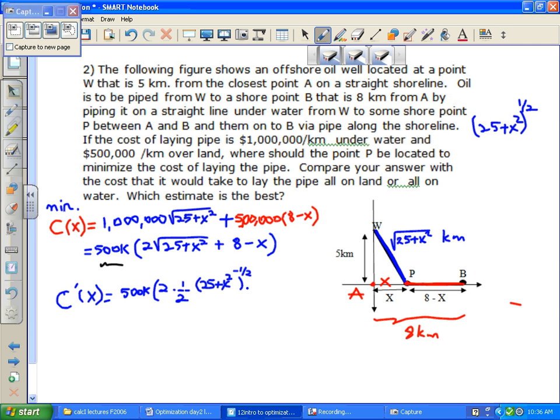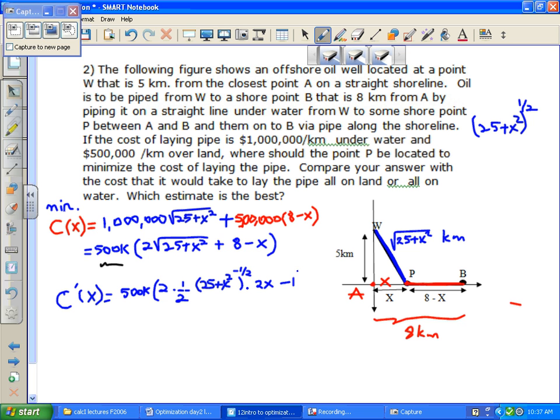We should multiply everything by what? The derivative of the inside, which is 2x. That takes care of this term, derivative of this term. Derivative of 8 is 0. What about derivative of negative x? Negative 1. So let's make sure we put that in there as well. So minus 1.